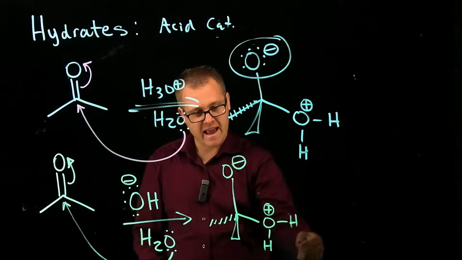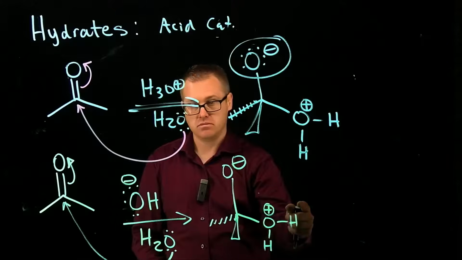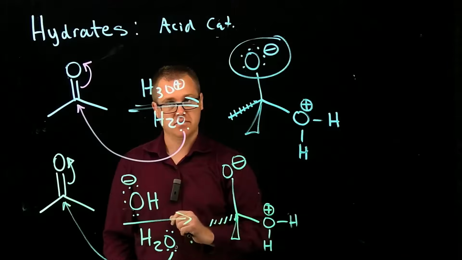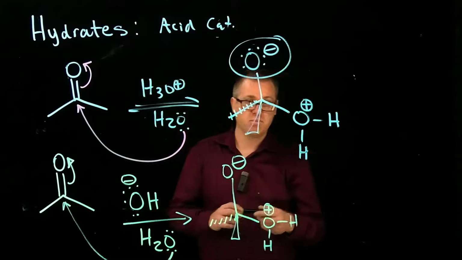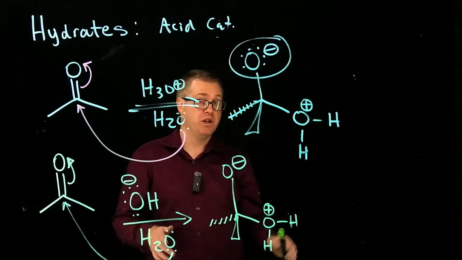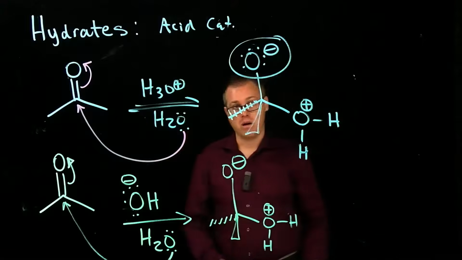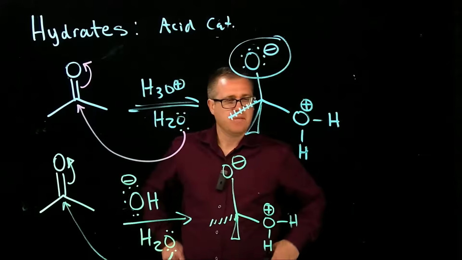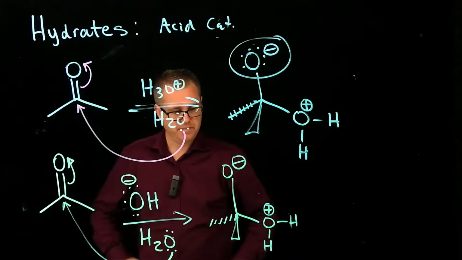I generated an acid. That's a no-no. That cannot form under basic conditions. So if you see acids popping up in your mechanism, when you know you're under basic conditions, then you know you've done something wrong. That's just a good rule of thumb and a good way to make sure you know what you're doing.